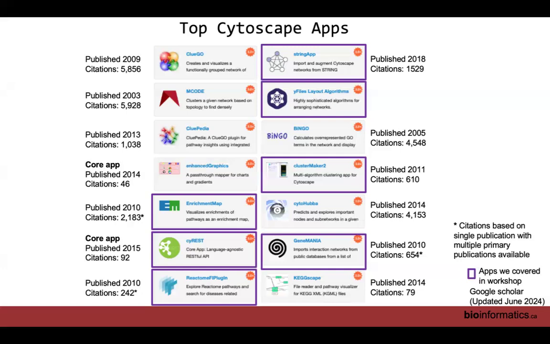We're also going to be talking about GeneMANIA, which is a network app that is used for function prediction. And you can see that there are also some other apps here that we're not going to be going through, but I just wanted to highlight the top 10 apps in the Cytoscape App Store.